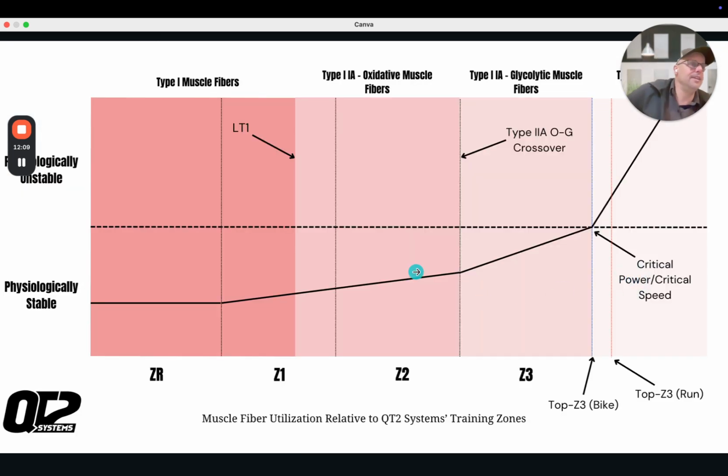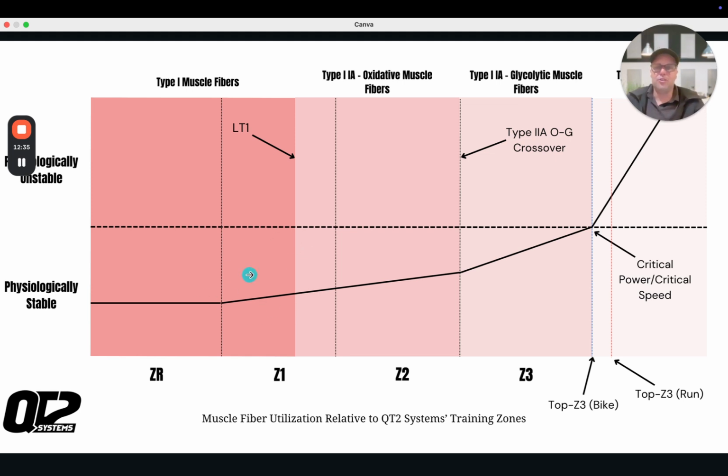And then back to this slide. So here we have zone R, which is really operating at below 65% of critical power, or below 75% of critical speed. It's almost all primarily type 1 muscle fibers. Then we dip into zone 1, which is 65 to 79% of critical power, okay, or 75 to 85% of critical speed.